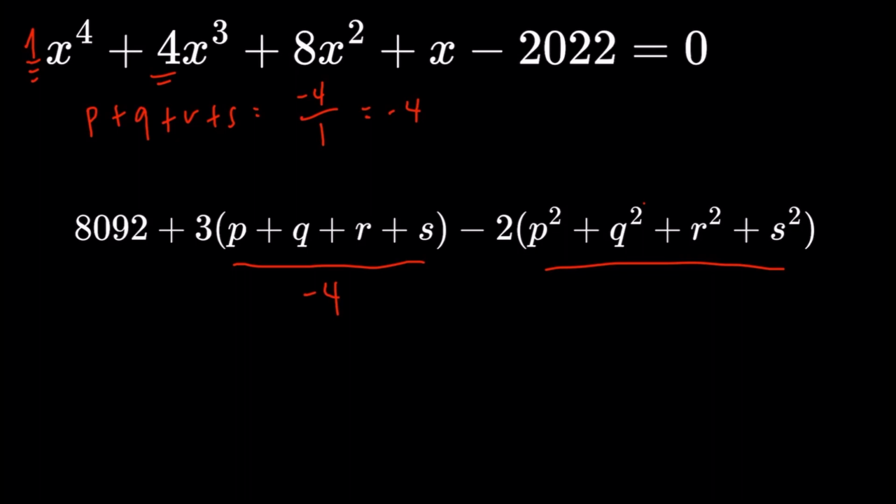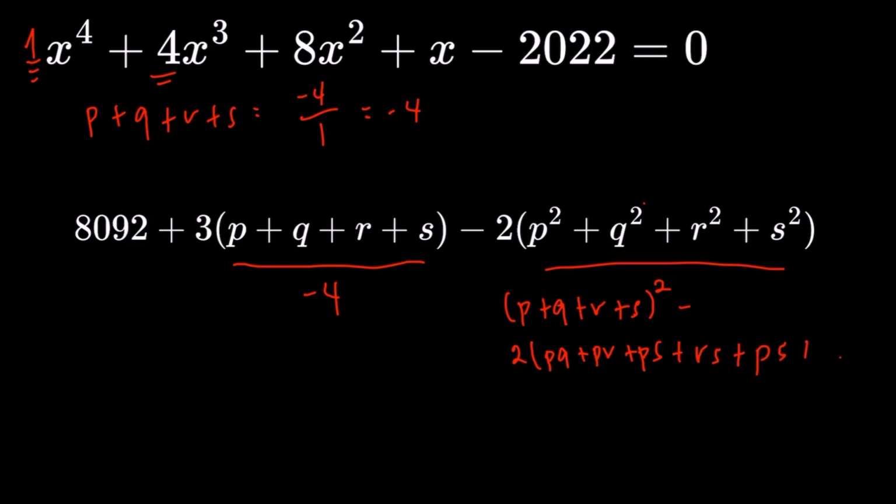And then for the sum of the squares, we have this nice identity: P squared plus Q squared plus R squared plus S squared can be written as (P plus Q plus R plus S) squared, minus 2 times (PQ plus PR plus PS and so on), so the sum of the roots taken 2 at a time, covering all possible pairings of the roots.